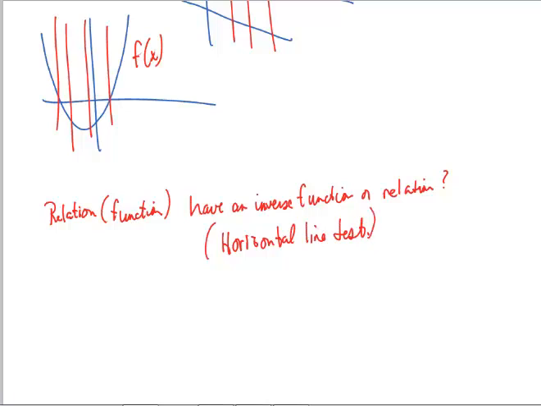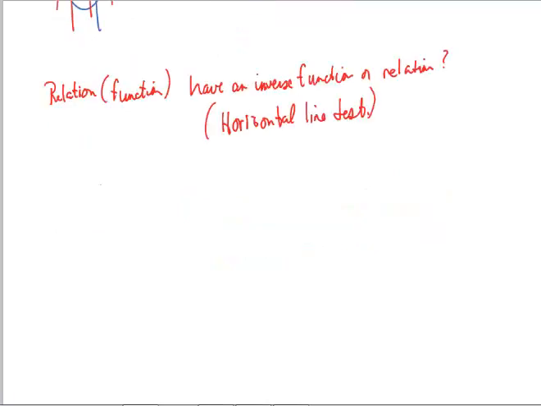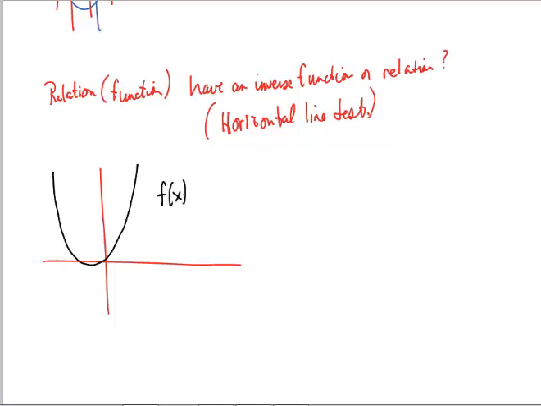So let me show you an example. If I give you a function that looks like this, I'm stating this is a function. It's a parabola, and the parabola is definitely a function. It's y equals f of x, f of x equals x squared. It's definitely known to be a function. Passes the vertical line test. So is this going to have an inverse function?